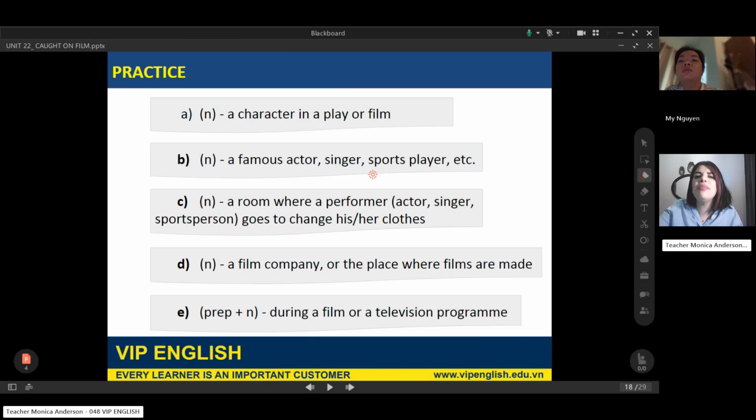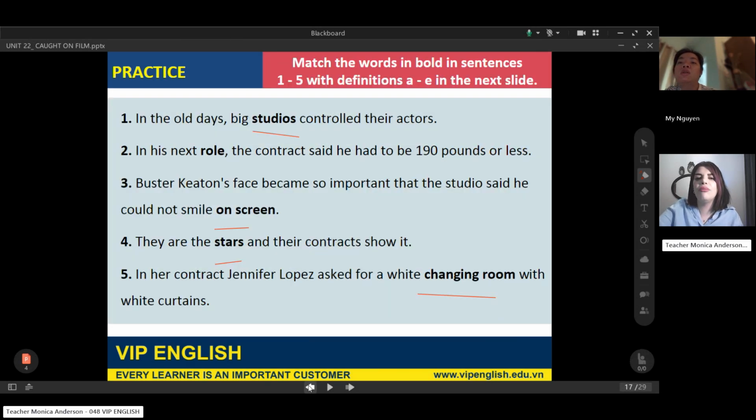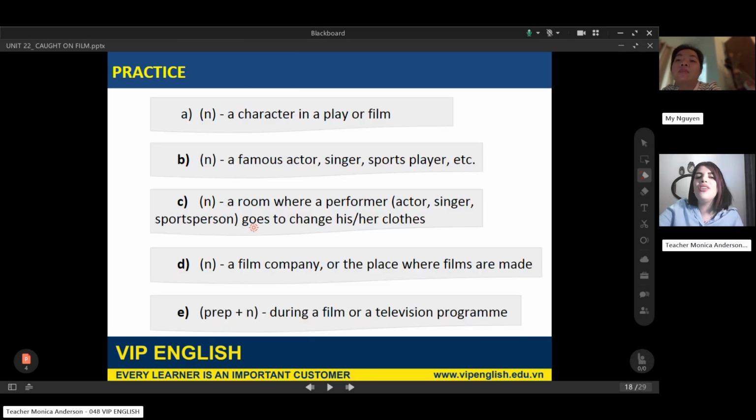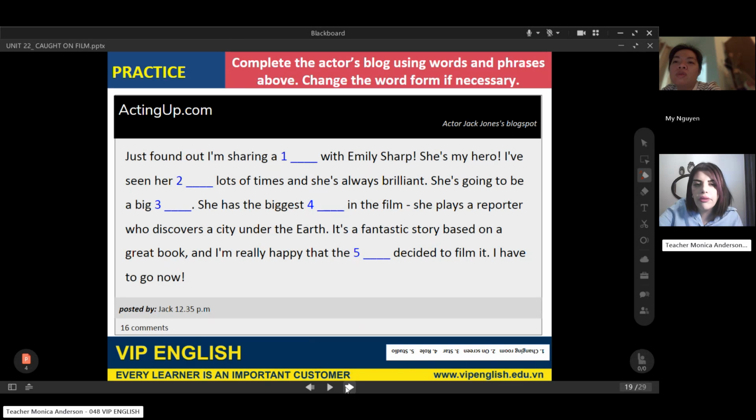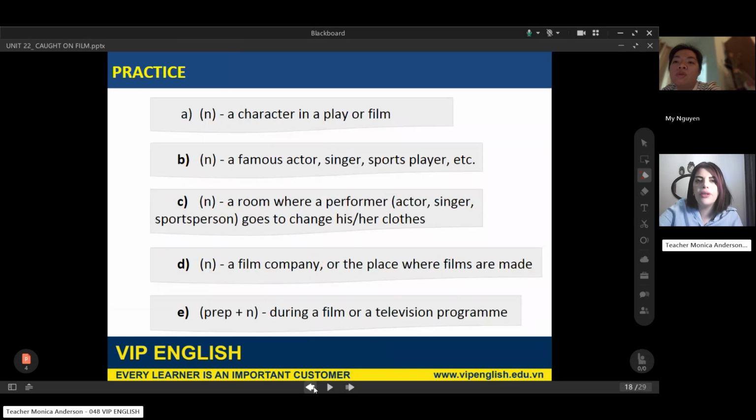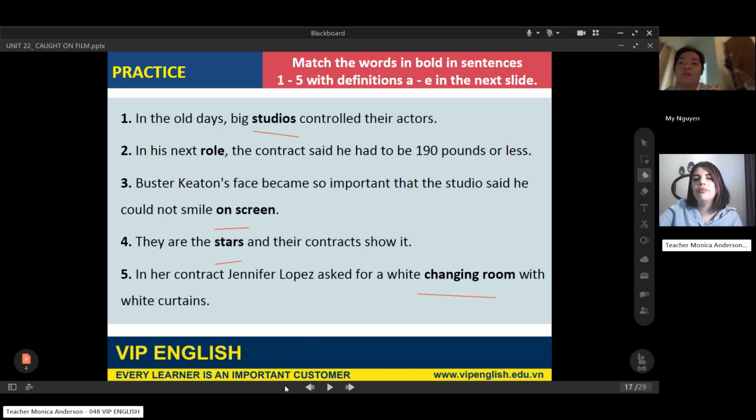Number 2, a famous actor, singer, sport player, or etc. Famous. Stars, very good, stars. And wherever a performer, actor, singer, sport person goes to change his or her clothes. A room.